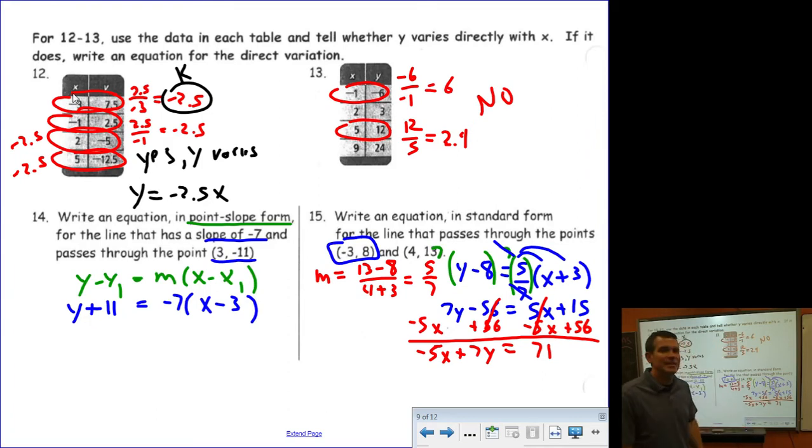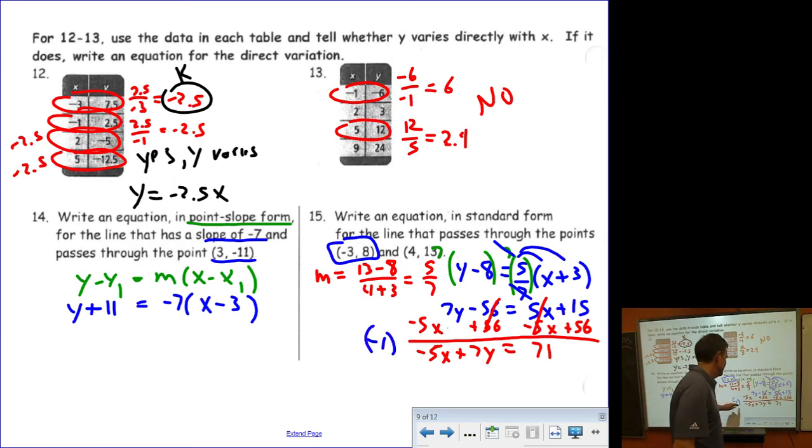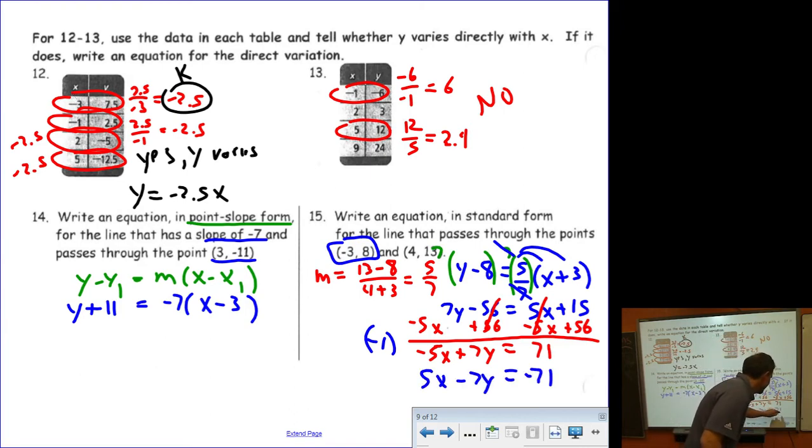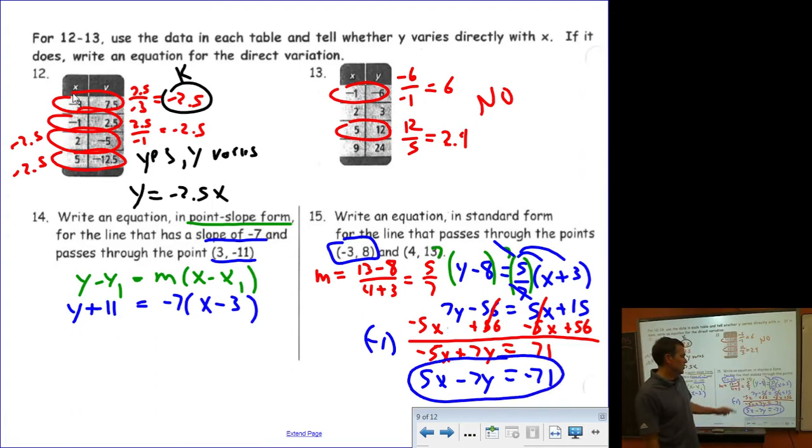And then the last thing I need to do is make the x term positive. So I'm going to multiply everything by -1, which simply changes the signs, and I get 5x minus 7y equals negative 71. And now I have an equation in standard form that passes through those 2 points.